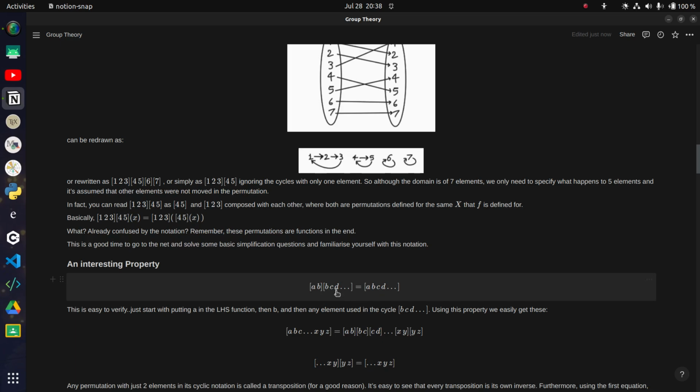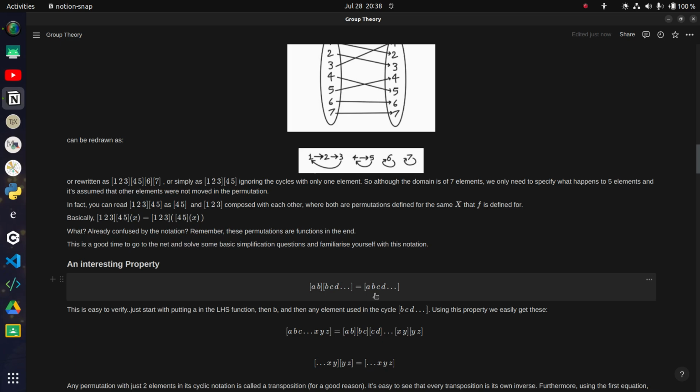C goes to D, nothing is specified for D in the next one, so C goes to D, and so on for all the other elements in the right cycle. This is pretty easy to verify, but it's very useful because using this property you can start breaking any big cycle, and thus the permutation, into smaller cycles.